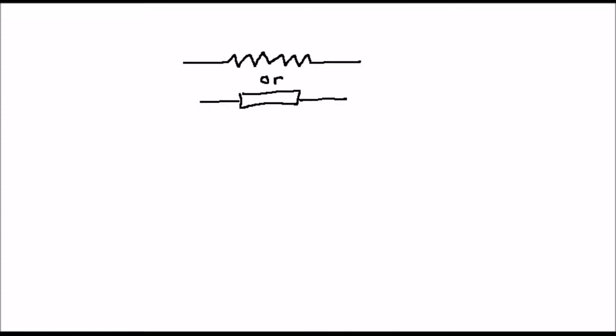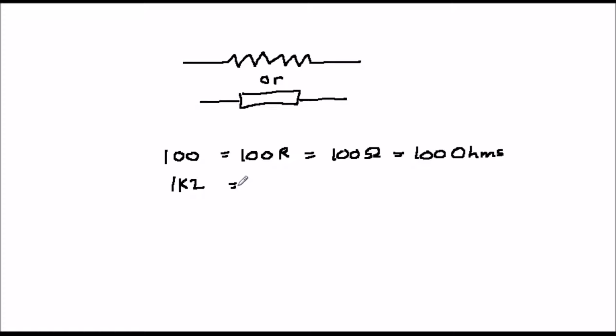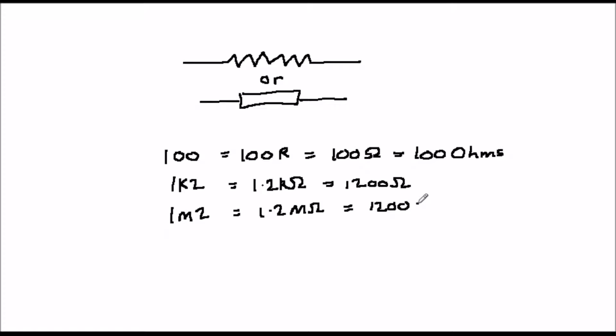Values of resistors are sometimes abbreviated as follows. 100R is equal to 100 ohms. The symbol for ohms is the Greek letter omega, the last letter of the Greek alphabet. 1K2 is equal to 1.2 kiloohms, in other words 1200 ohms, and 1M2 is 1.2 megohms, which is equal to 1.2 million ohms.